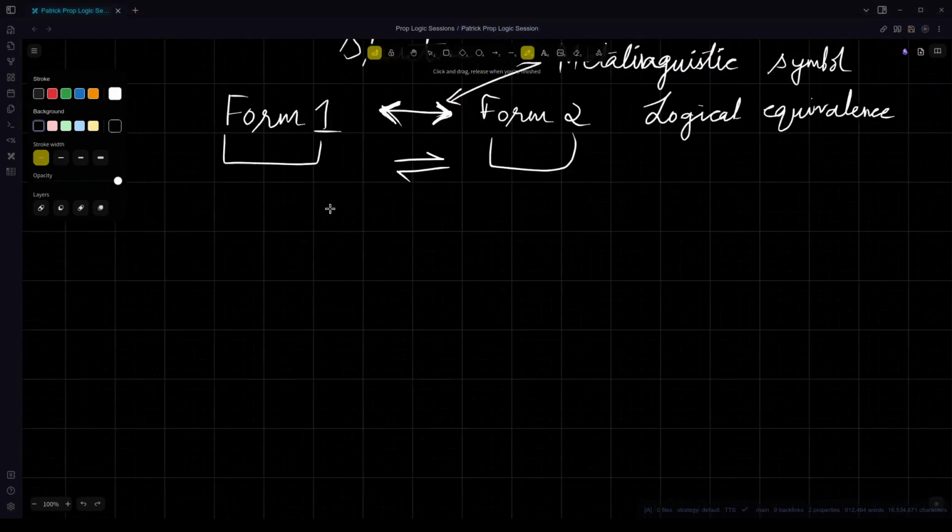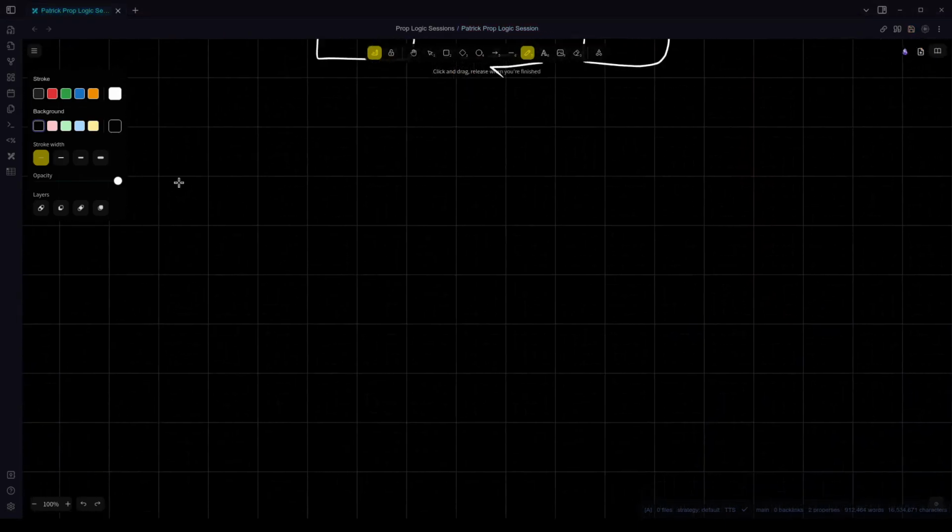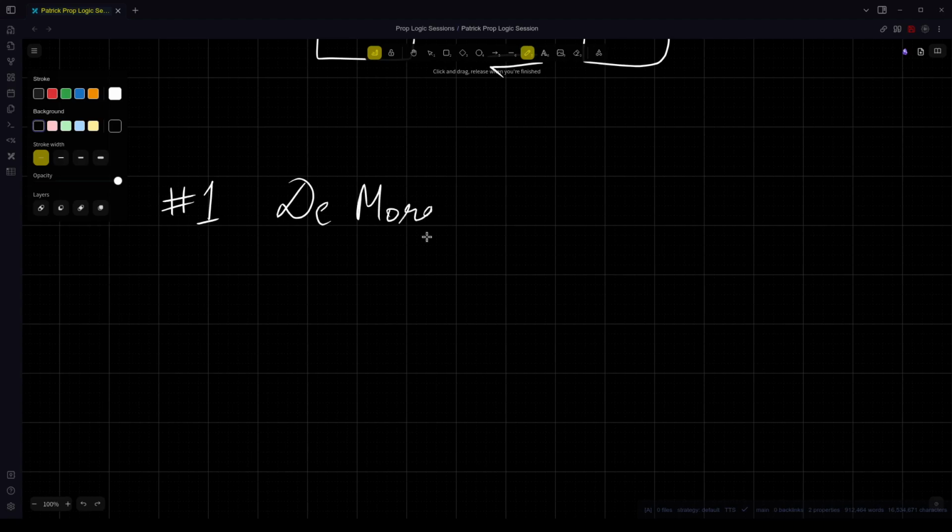Okay, so let's start with the first one, which is called De Morgan's law. I think we covered this. Well, we briefly glanced over this one.